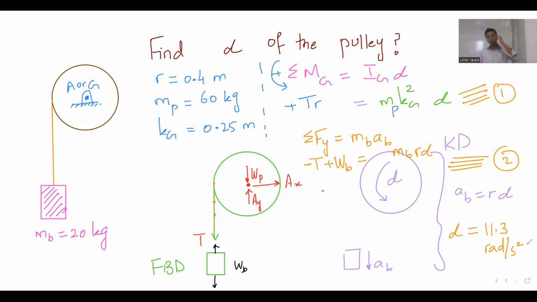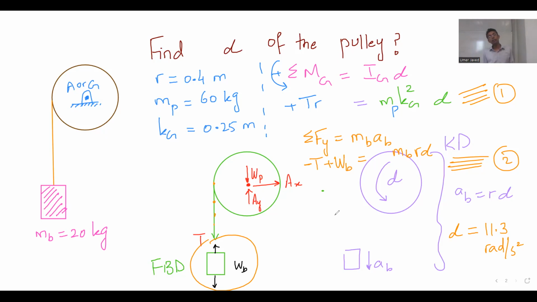Why is T minus? Yeah, because if you focus on this part only, I am considering my downward as positive because the question told me that the mass, 20 kilogram, is going downward.